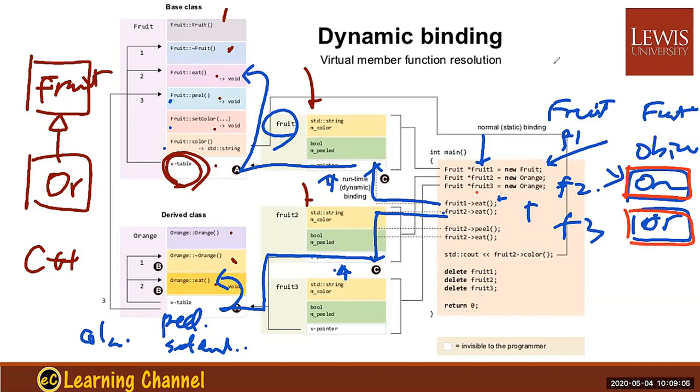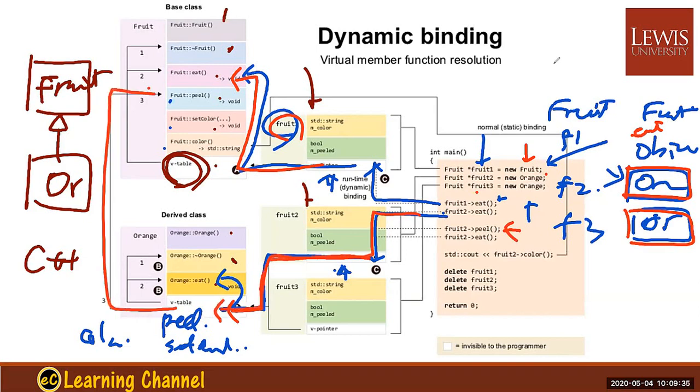So flu one is a flu object. When you do new flu, it is already pointing to the one on the flu class. With new orange, the v table already points to the orange one. Say if I call peel, I go to the v table and then to the derived class, but there's no peel there, so I go back to its parent.